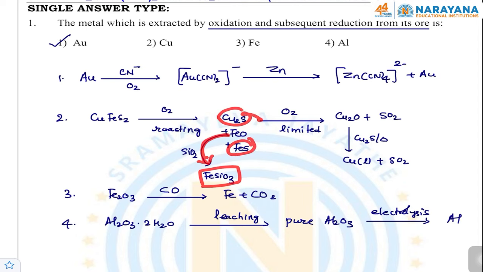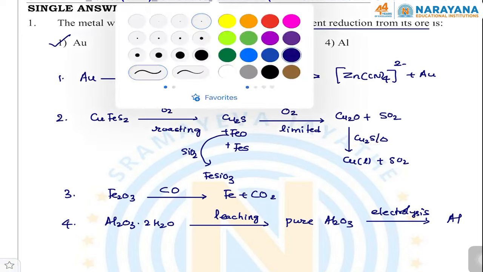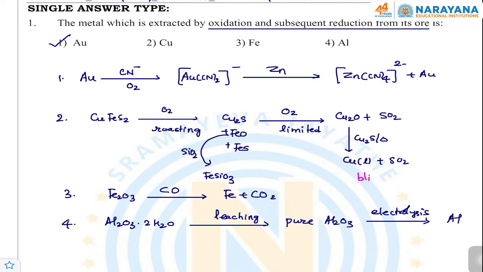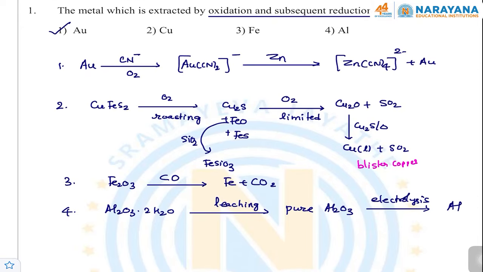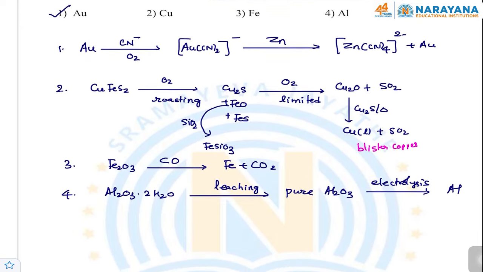If you can recall, copper matte is formed, that is Cu2S and FeS, which further reacts with O2, which is further partially roasted to give Cu2S. The leftover Cu2S on further heating with Cu2O gives copper liquid, which we call blister copper. So in this, roasting and reduction is involved, self-reduction is involved.